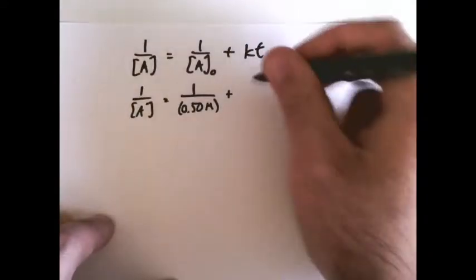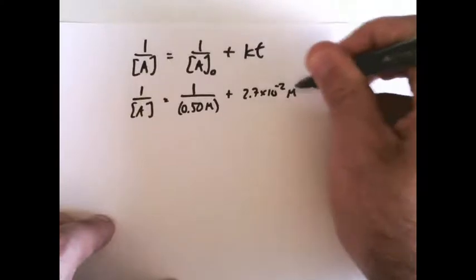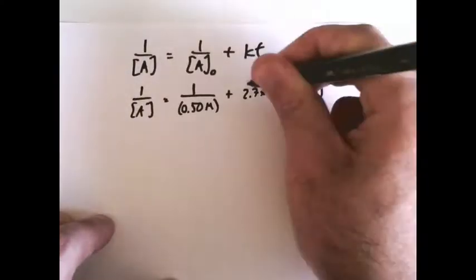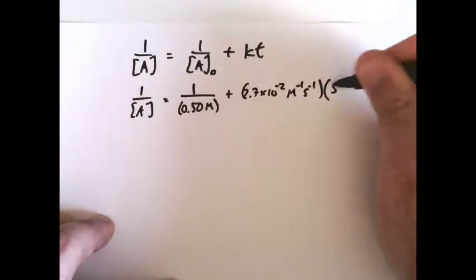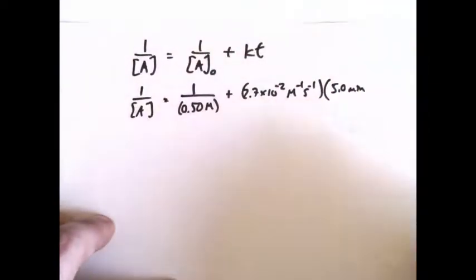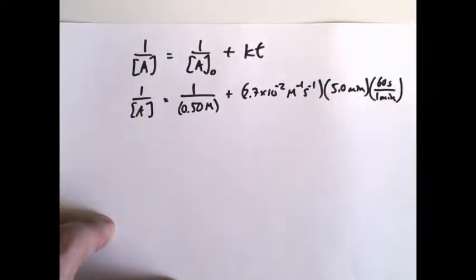And so my K, being 2.7 times 10 to the minus 2 molar to the minus 1 second to the minus 1, times the time, which is 5.0 minutes. Now, of course, I'm going to have to do a little something with that. I've got to actually multiply that by 60 seconds per 1 minute in order to get myself something usable here.